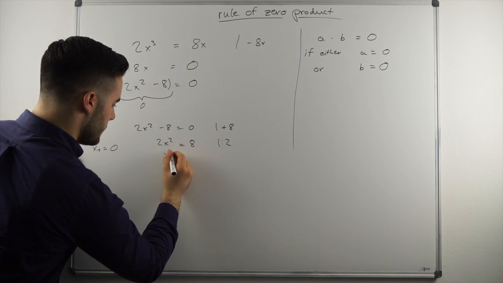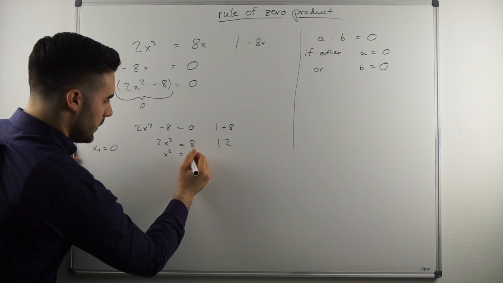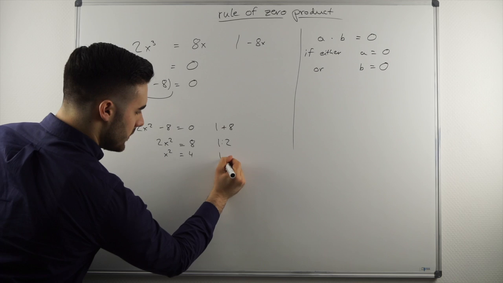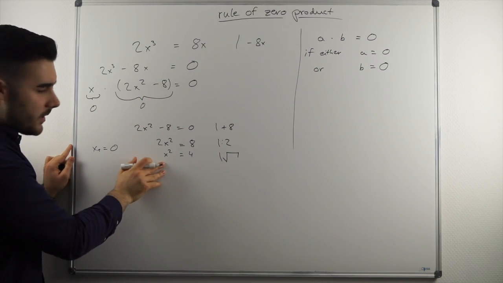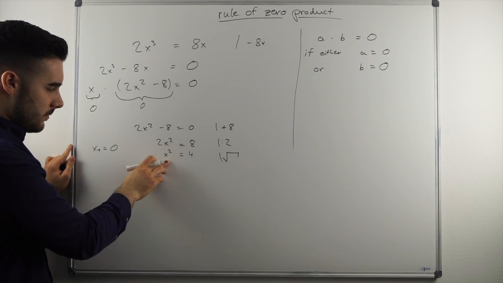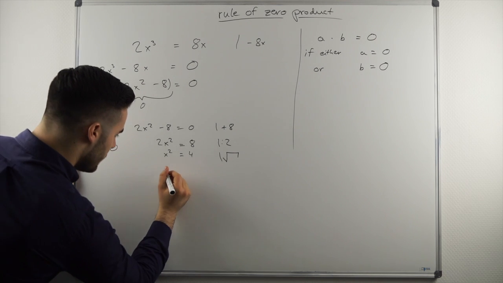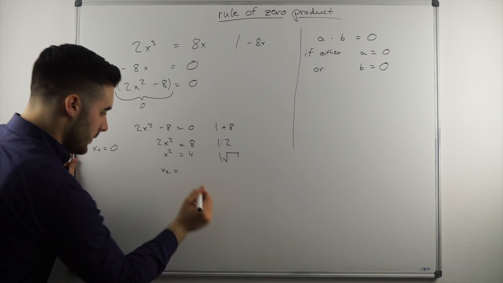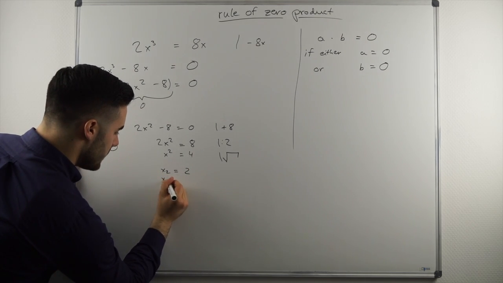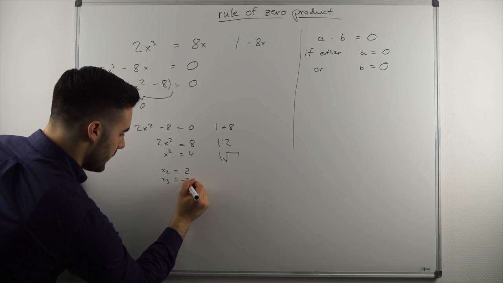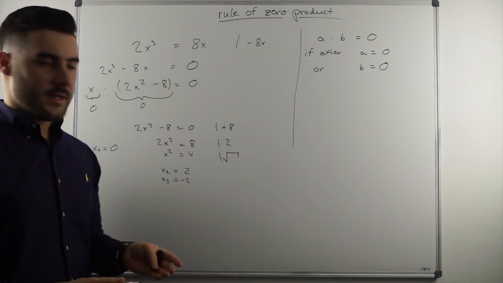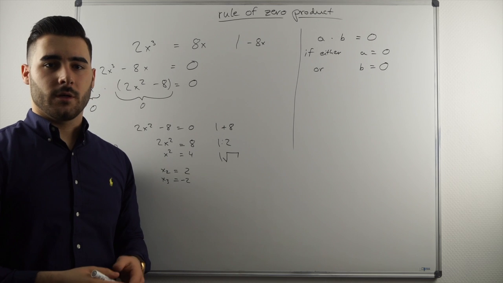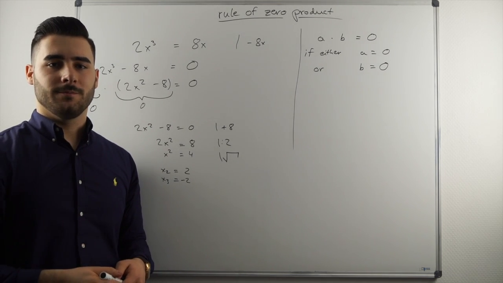Then we have x squared equal 4. And then obviously the square root, because we have a square for the x. And then we have x2 is 2, or x3 is equal to -2. And that's pretty much the whole logic behind the rule of zero product and solving equations with that.